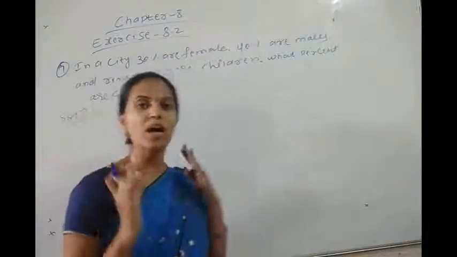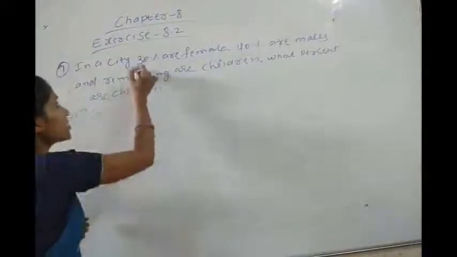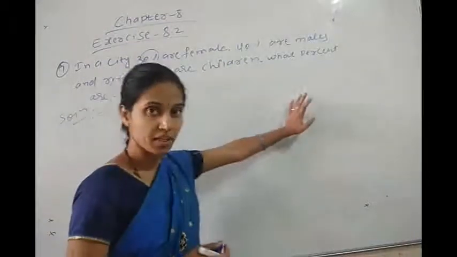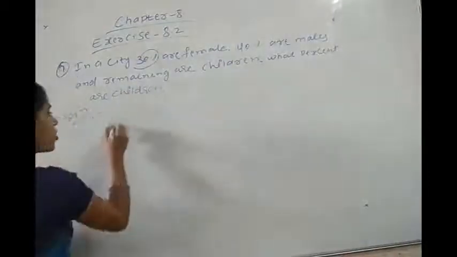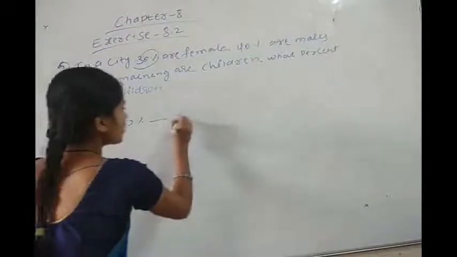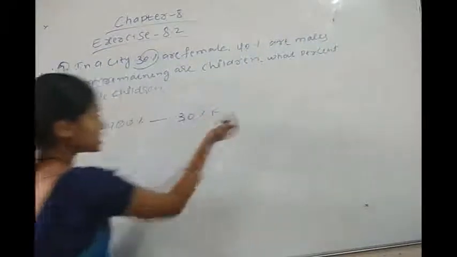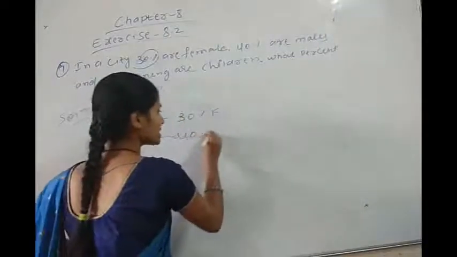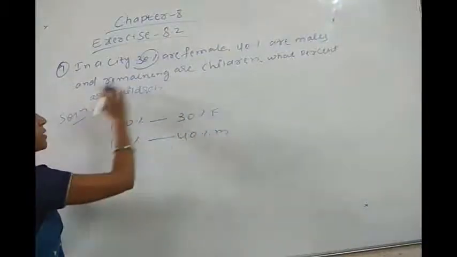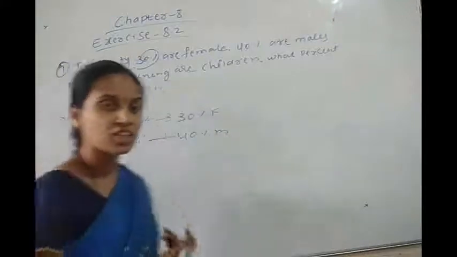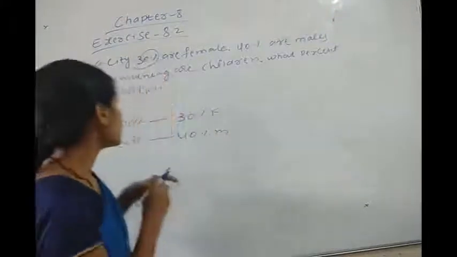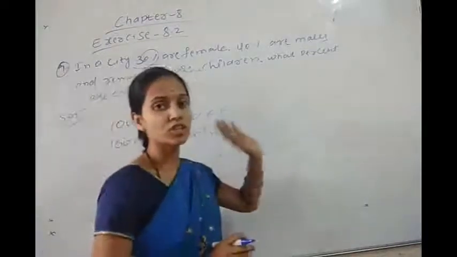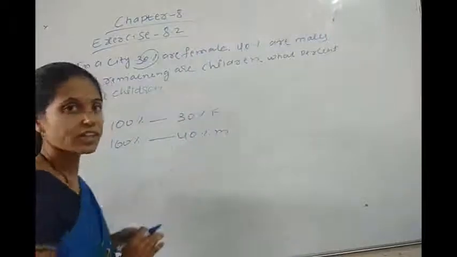Among the 100% people, 30% are females and 40% are males, and the remaining are children. They are telling that the remaining are children, but they have not given the percentage of children, which we have to calculate now.